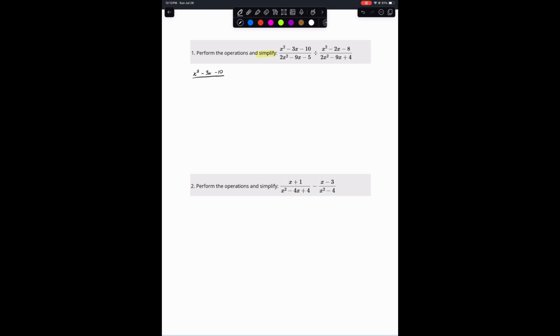The first fraction stays the same, and the second fraction gets flipped. X squared minus 2x minus 8. Okay. From here, we are going to factor.